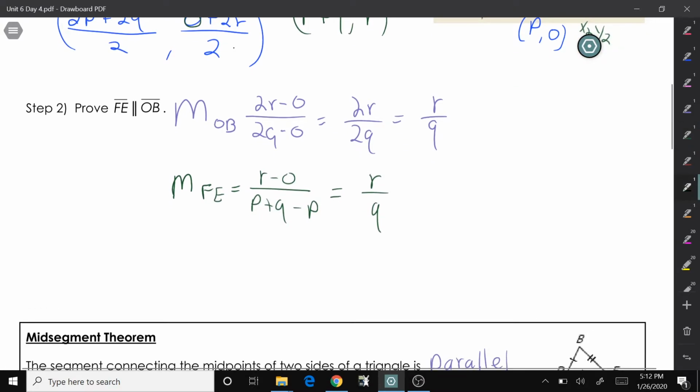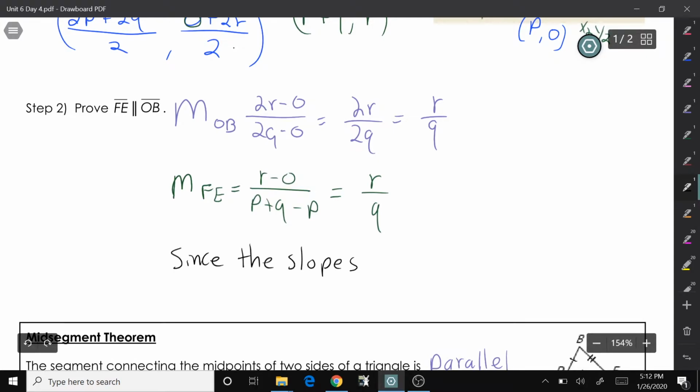You need to say that, though, down here. Since these slopes are the same, OB is parallel to FE.